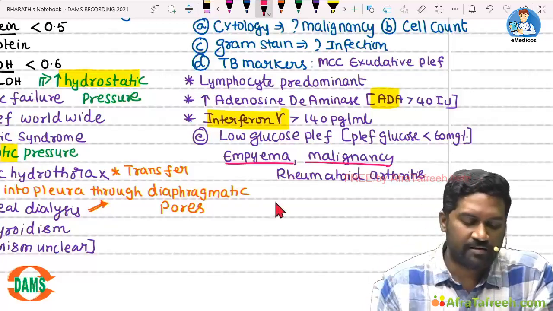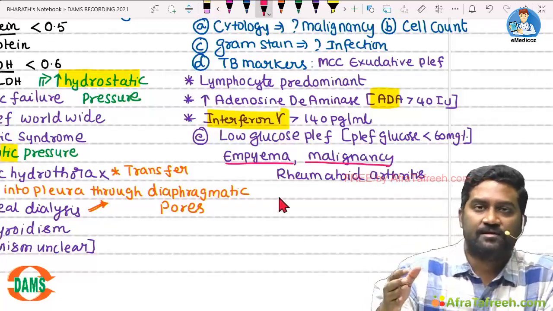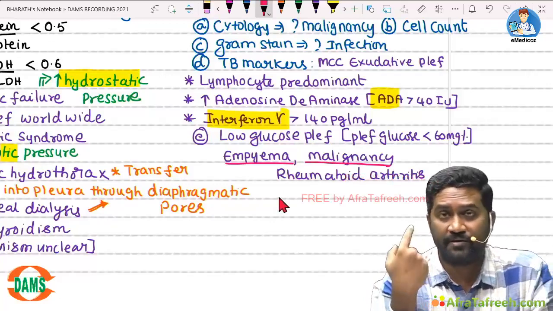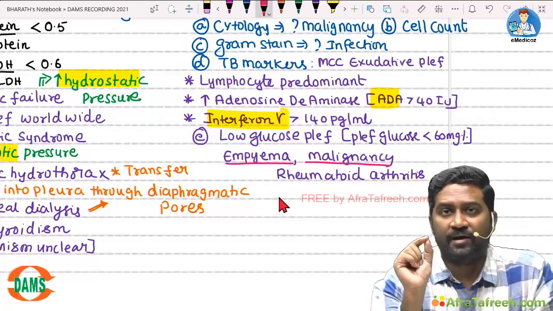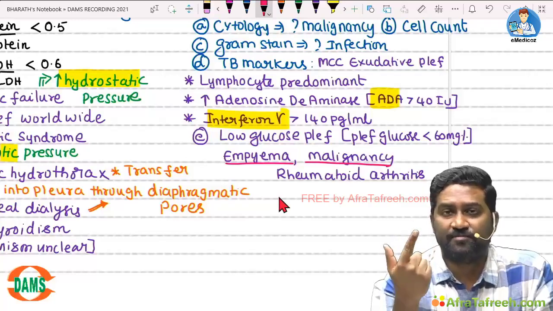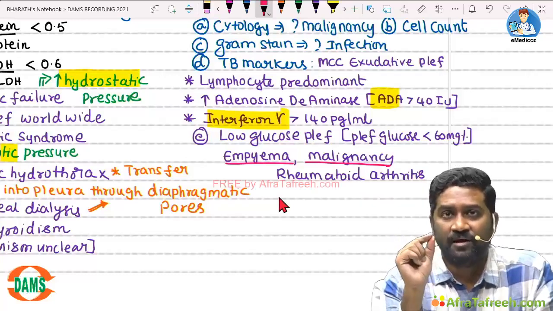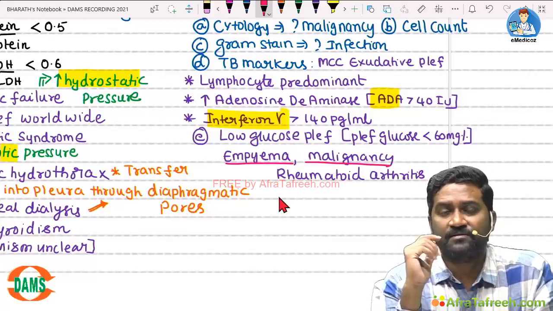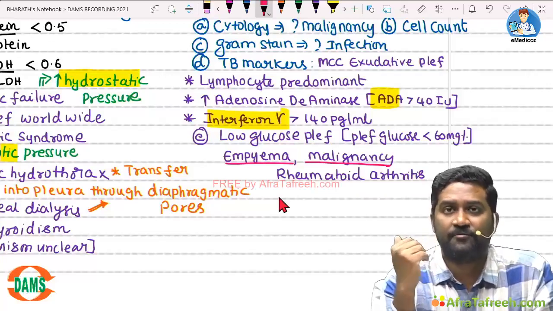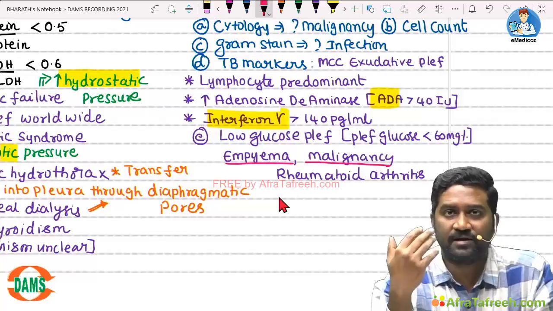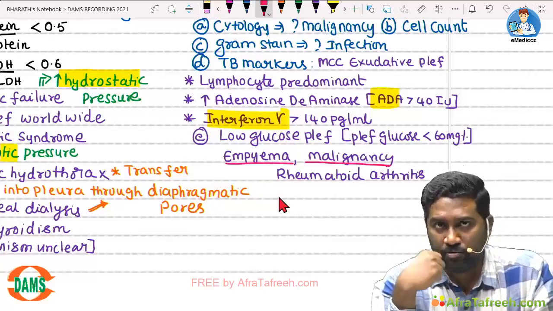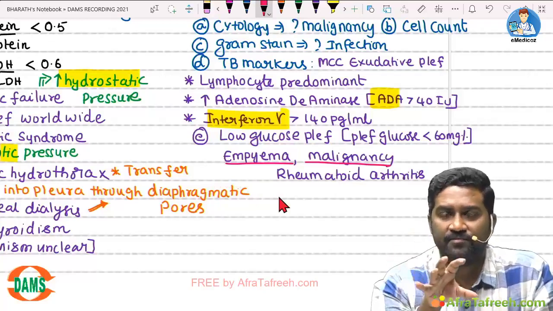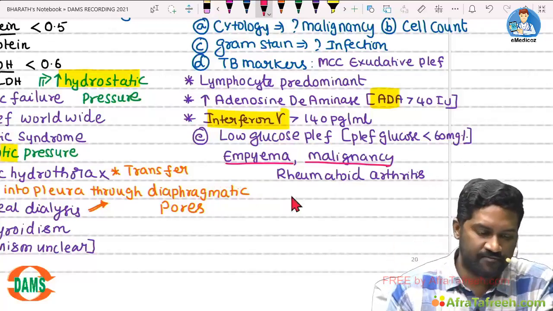In rheumatoid arthritis, as a part of systemic involvement, there will be pleuritis, and this pleuritis will be responsible for pleural effusion. These inflamed pleural cells can have high metabolism, and the fuel for that metabolism is again glucose. Let it be empyema, malignancy or rheumatoid arthritis, ultimately the glucose is getting consumed, so they will have low glucose pleural effusion.